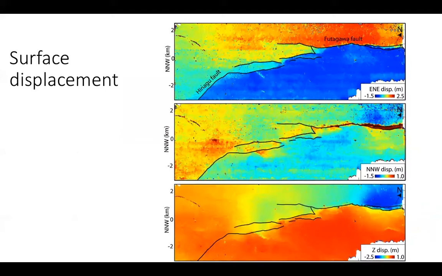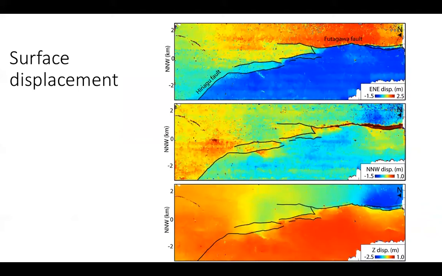So here's the results from the ICP differencing, the data set that I just showed. We can infer 3D displacement. So here we see displacement in the plus X direction, or east-northeast displacement. And this shows about 2.5 meters of slip that's quite localized to the fault trace.